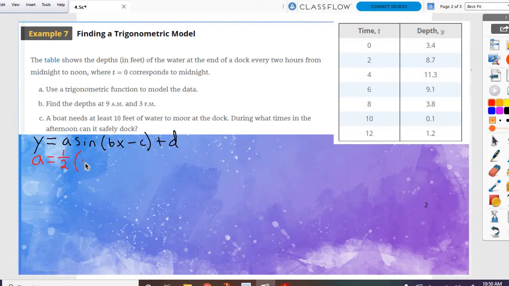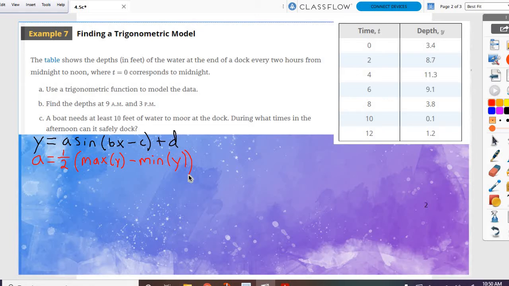So we're going to have our max, and notice that this is our maximum y value minus our minimum y value. Because remember, amplitude is basically talking about how tall or how far up and down we go, which is why we're talking about y values here.